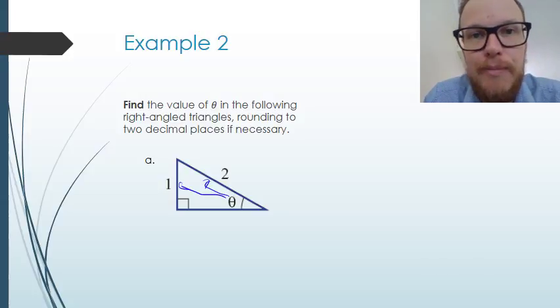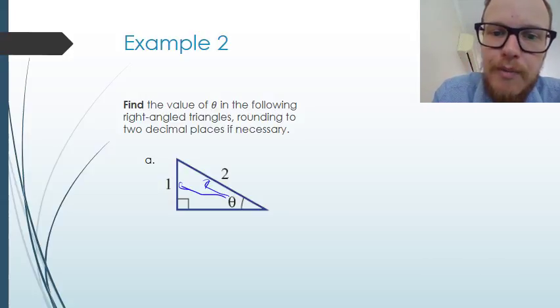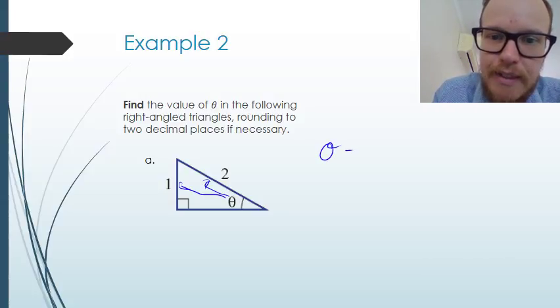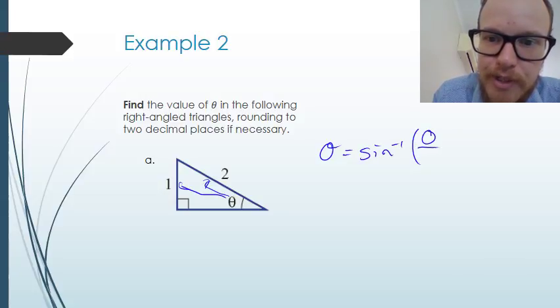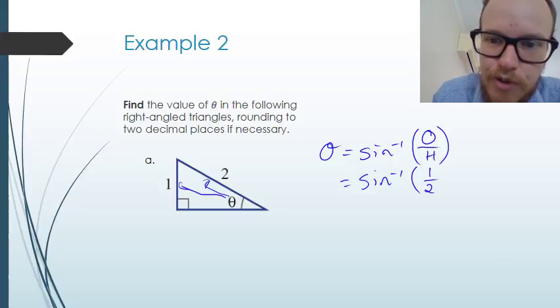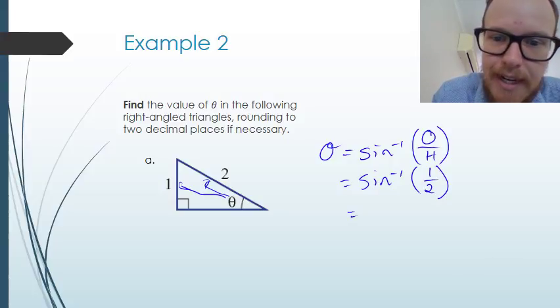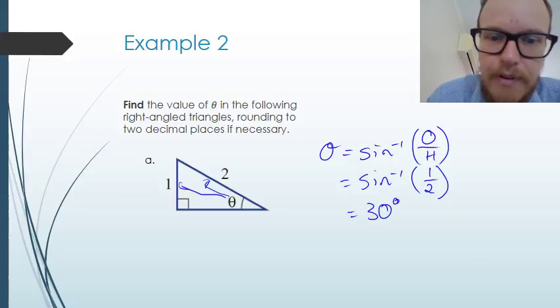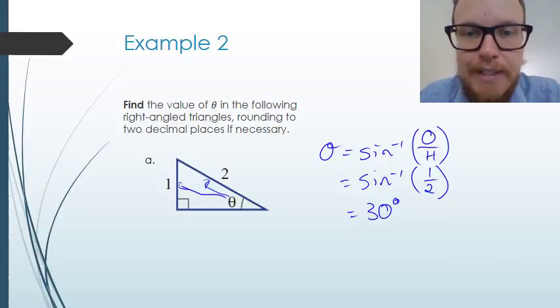So because we've got the opposite and the hypotenuse, we know that our angle, theta, is going to be equal to sine -1 of the opposite over the hypotenuse. So that's sine to the -1 of the opposite side, 1, over hypotenuse, 2. So that means our angle, theta, is going to be 30 degrees by plugging that into our calculator.